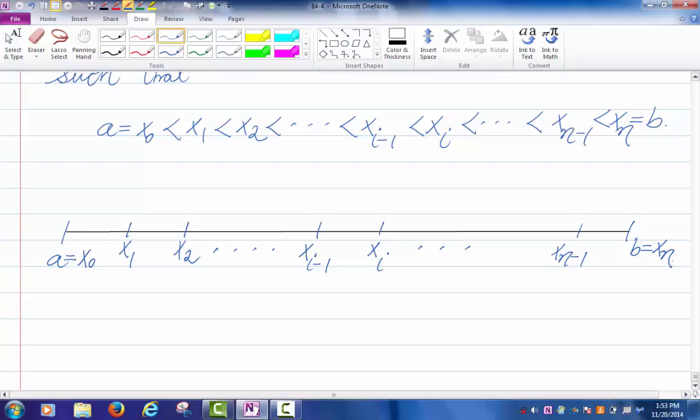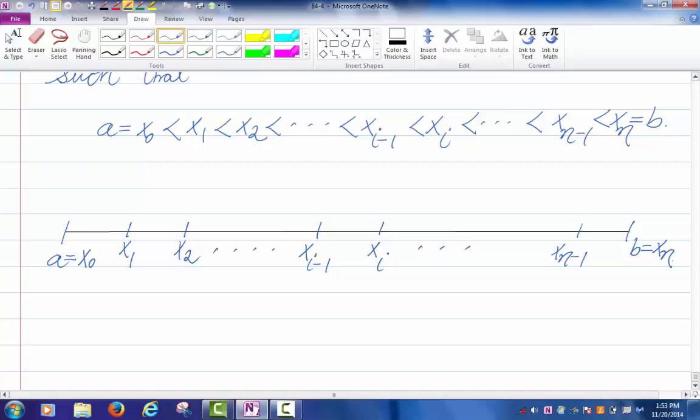When I say student number I has this property, that means I could be any number between 1 and, let's say I have 50 students, between 1 and 50. So I'm trying to make a general statement about all the students from 1 up to 50. I don't have to say student 1 has this property, student 2 has this property.